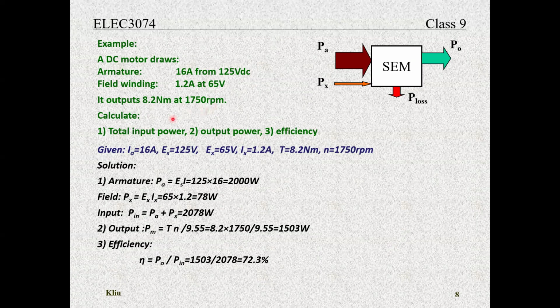What do they want us to calculate? Total input power, output power, and efficiency. Well, that should be easy. We just get the electrical power on the armature, voltage times current, boom, got it. Then the power supplied to the field winding, voltage times current, add those two, and we're going to get the total input power.